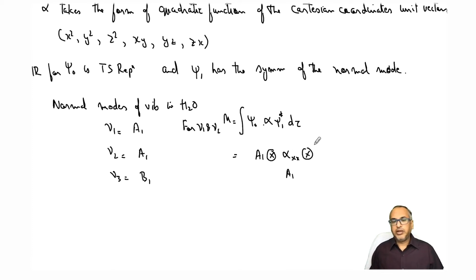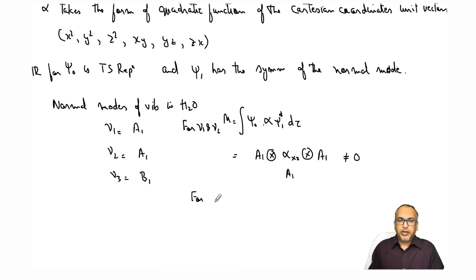You can have different alpha components from the character table, but you have to choose the alpha which has the symmetry of psi 1 star, which is the symmetry of the normal mode, A1, right? So this integration will not go to 0, because it contains the totally symmetric representation.